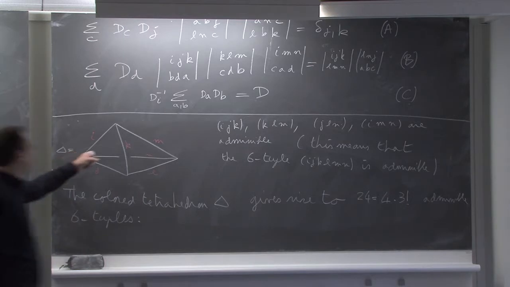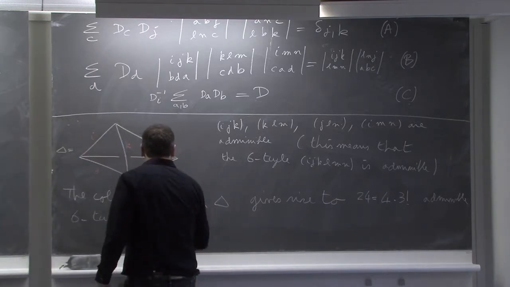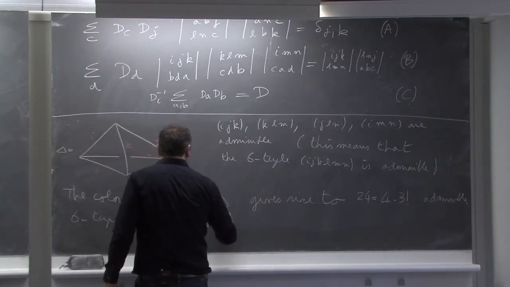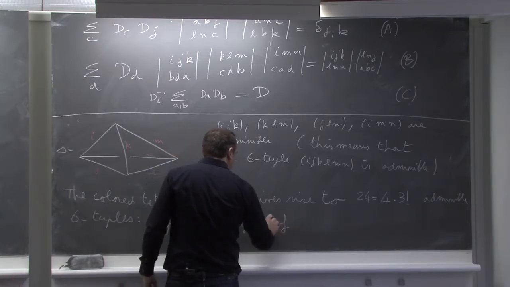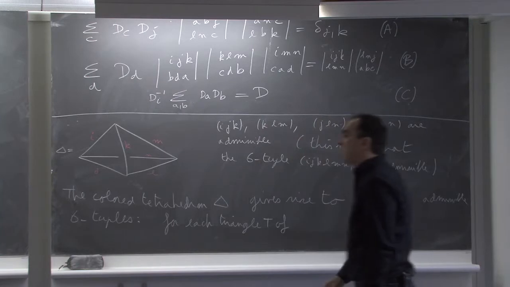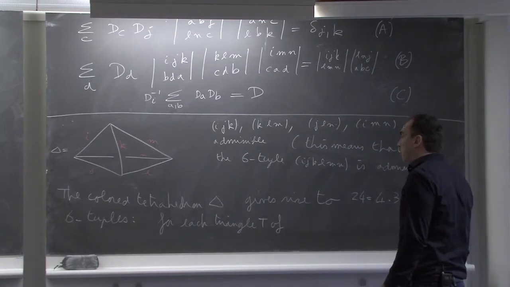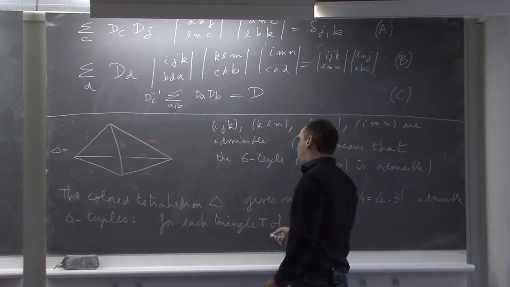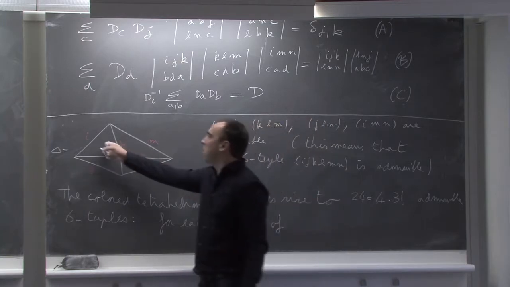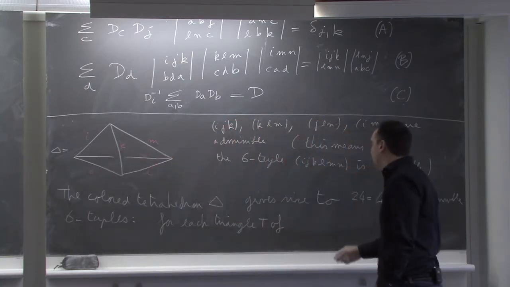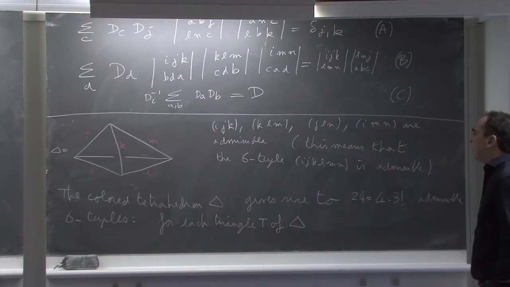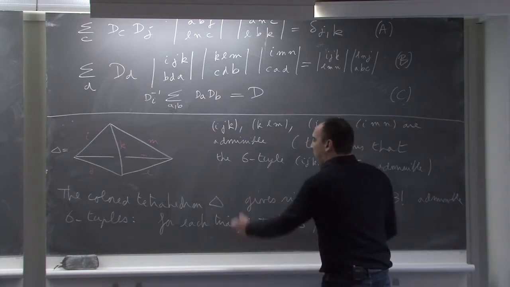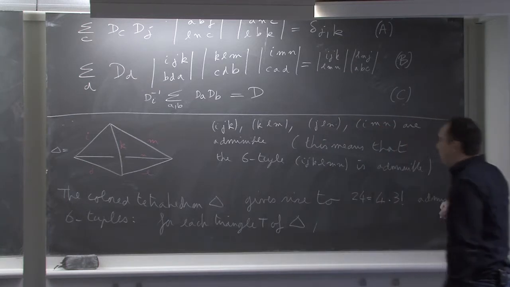So for each triangle, you pick a triangle of the tetrahedron. And how do you obtain an admissible tuple?